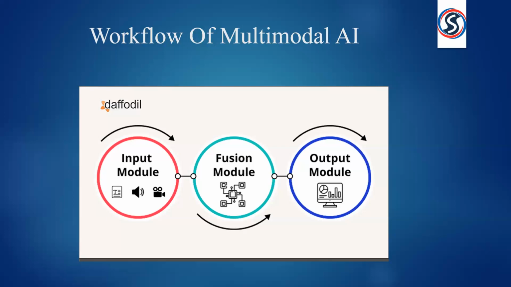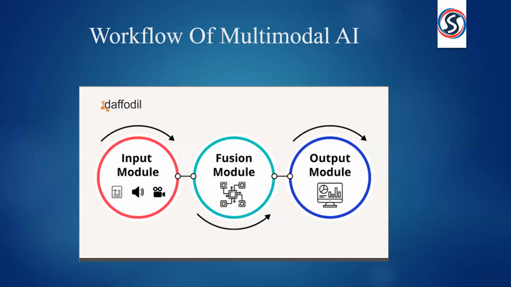For example, if the task is to classify an image based on its content and a textual description, the output module might generate a label or a ranking of labels corresponding to the most likely classes that the image belongs to.